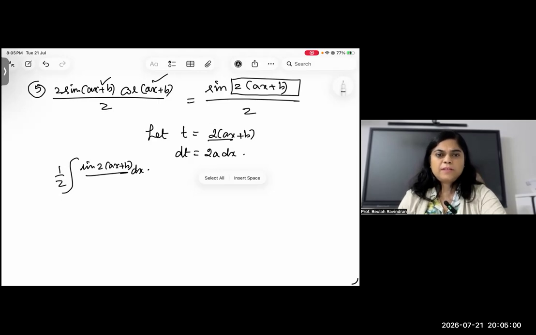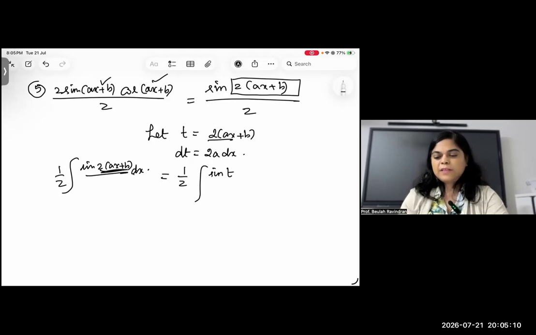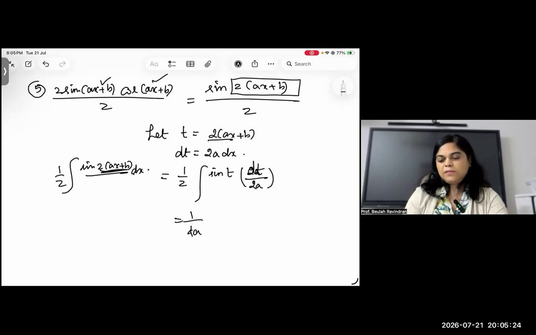You have to represent this as 1 by 2 sine t, where this is taken as t. dx can be written as dt by 2a. So it will be 1 by 4a, and the integral of sine t becomes minus cos t.